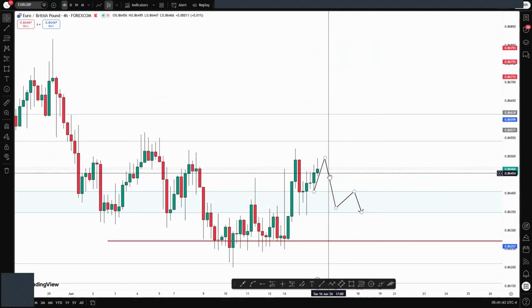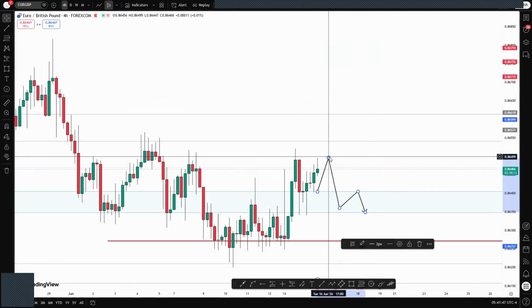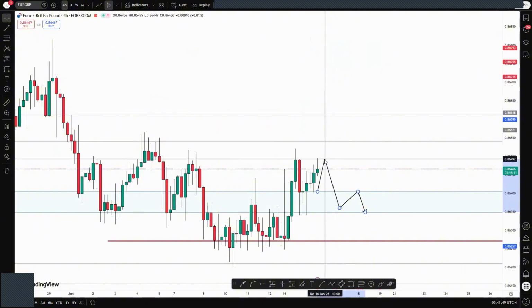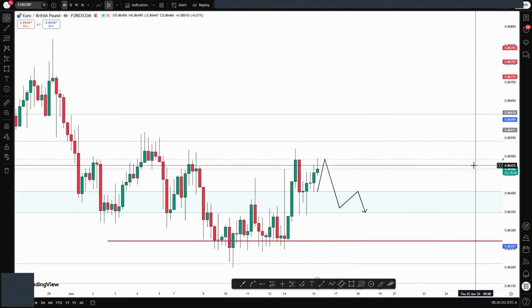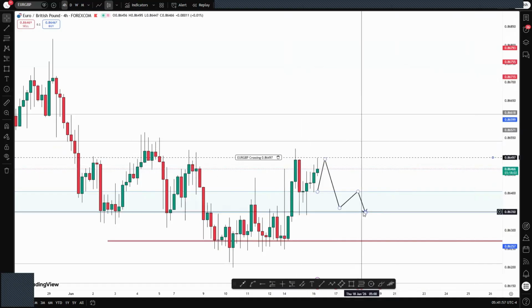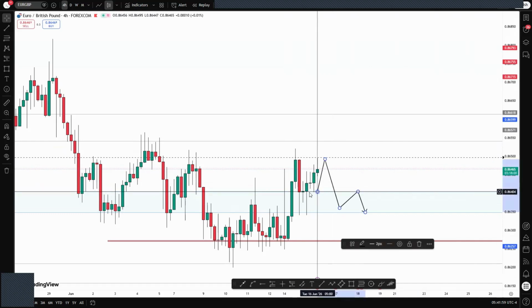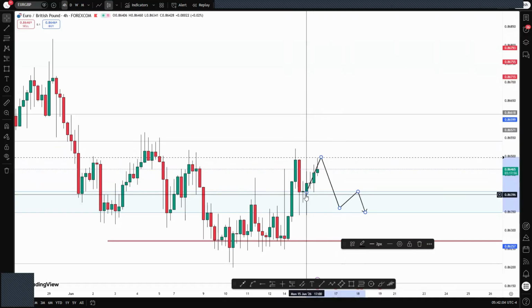That's telling you what we expect is what price is doing. So what we hope for, wait for price to just simply close above this level here. See?